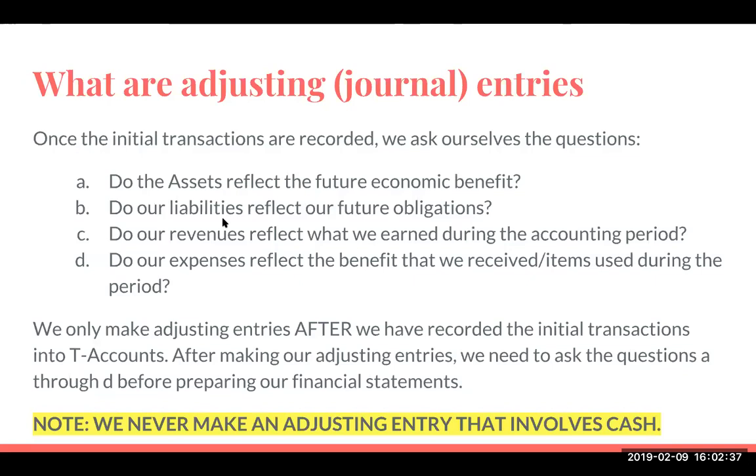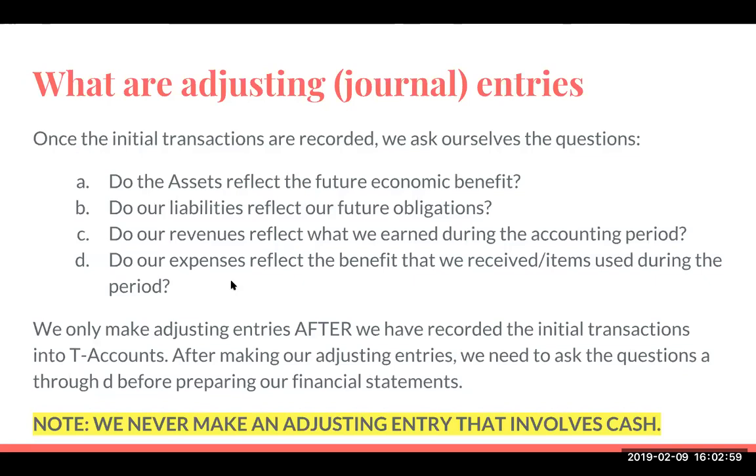So it's really important that whenever we're making an adjusting entry, you never debit or credit cash at all. What we're doing is we're going to be looking at those asset, liability, and equity accounts, making sure that they properly reflect those amounts. And as we look at our expenses, we ask: do the expenses reflect the benefit?